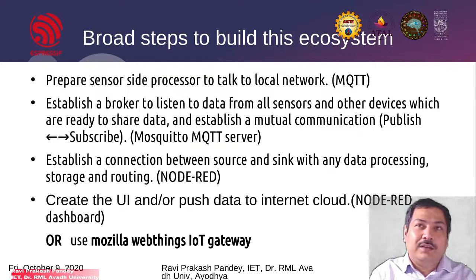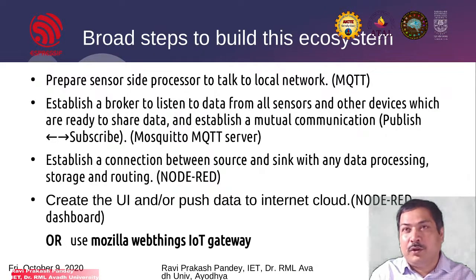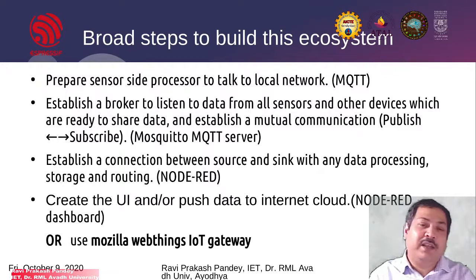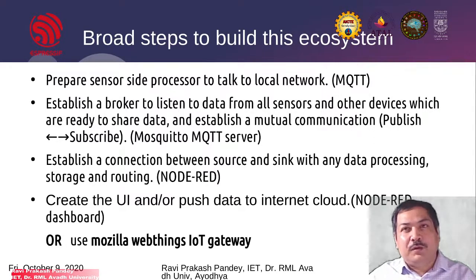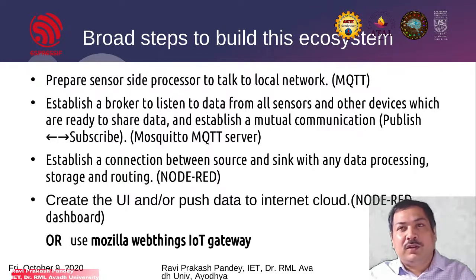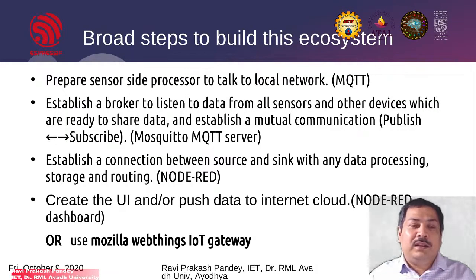And the MQTT broker or the server that we are going to use is the Mosquitto MQTT server that is developed by Eclipse. And then from this Mosquitto MQTT server, data will again be sent onto the higher hierarchy, like Node-RED, which is a data automator.